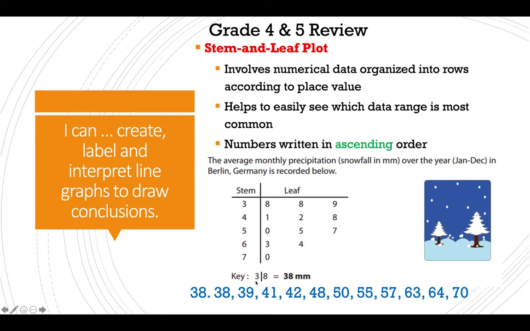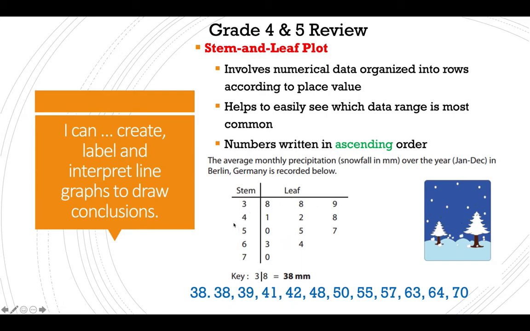So in this example, the stem represents the tens, which is a 3. And then the leaf represents what's in the ones place value. So in this case, this is 38. If we look up here at the stem, we would know, well, what was the snowfall in the 30s? Well, we had 38, we had 38 again, then we had 39.